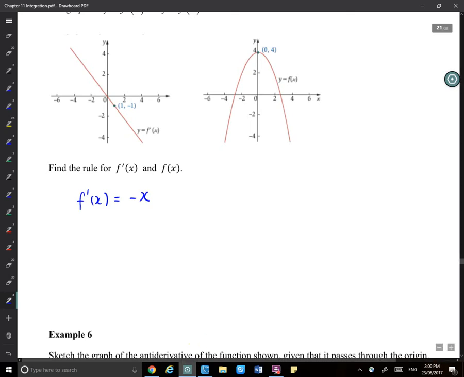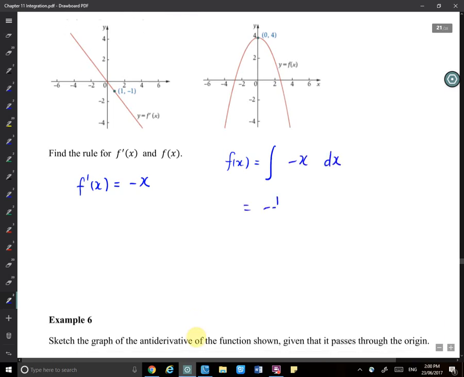But what you can see here is your f(x) function only has 1 point given, not 3 points. What you can do is f(x) equals the integral of minus x dx. That is minus a half x squared plus c.